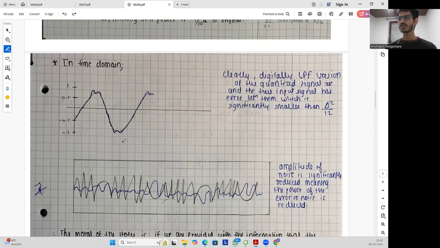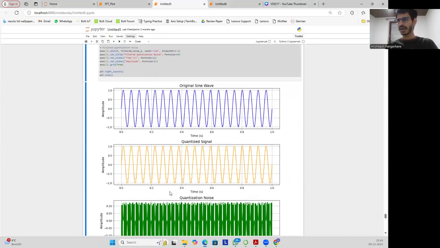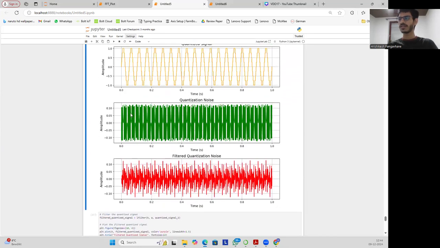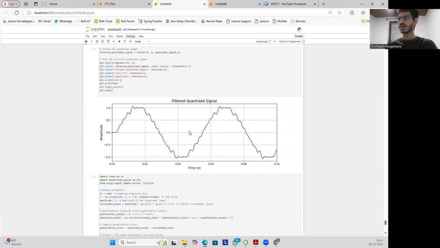So what happens to the noise is that its amplitude is significantly reduced, meaning the power of the noise is reduced. I can represent it using this. If we had this input signal and this quantized signal, so this is the noise, then after filtering, the quantization noise in the frequency domain will look like this. But let's not focus on this.